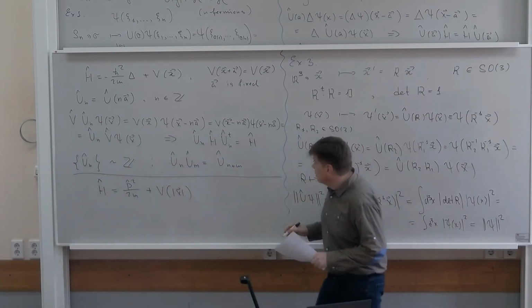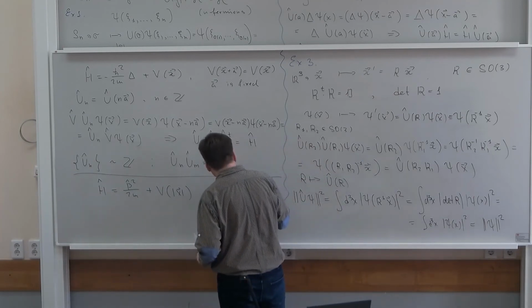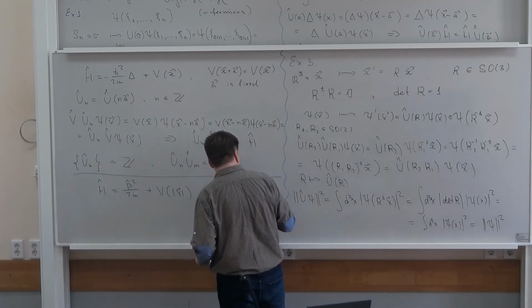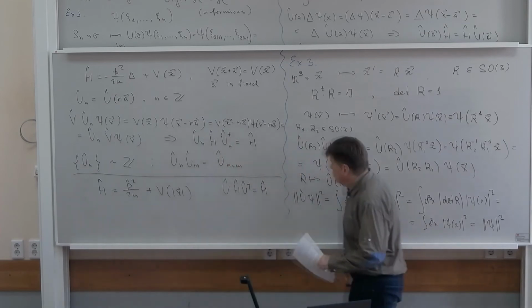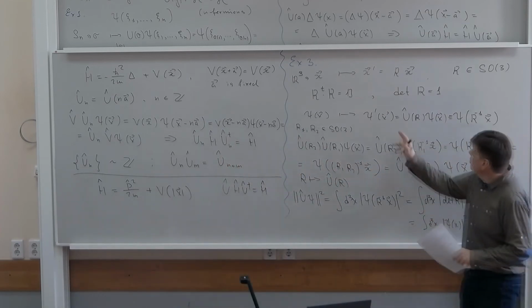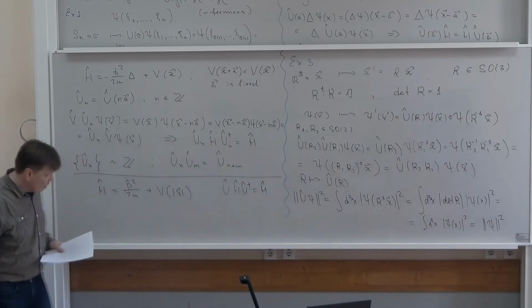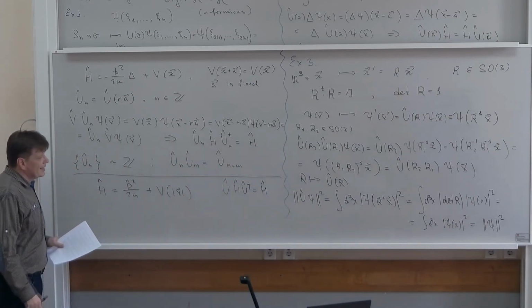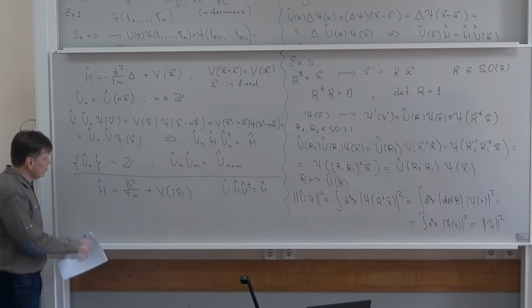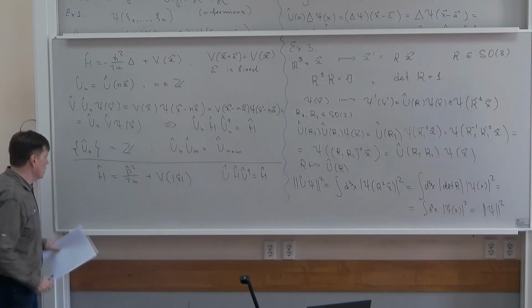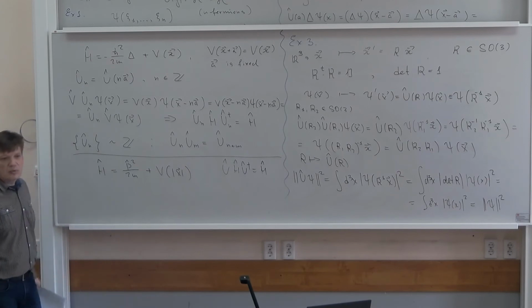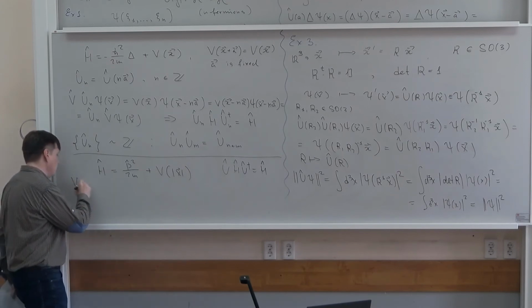That is, U(R) H U(R) dagger is equal to H for any rotation R. As a more specific example of these Hamiltonians, we can take, for example, the Hamiltonian of a free particle where V is just zero, right?